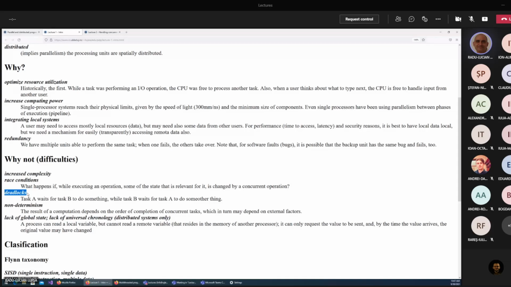And it's quite easy to make a mistake where it is possible, generally not sure, but there is a slight possibility that you end up with a task or thread A waiting for a task B to advance, and B waits for task A to advance, and they are both blocked in this case because none of them can advance until the other one does something.